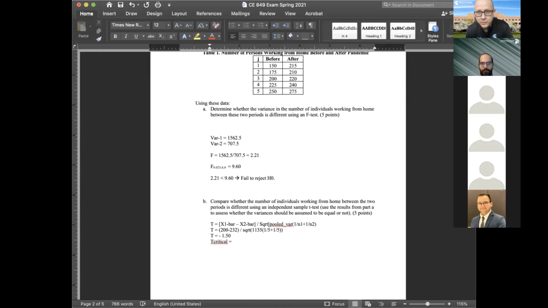So you could make an argument based on prior expectations that we'd only be interested in that one tail of the distribution. But in most instances, we'd operate assuming a two-sided test unless we had some prior evidence that would suggest that the direction of interest would only be in one direction versus the other, okay?